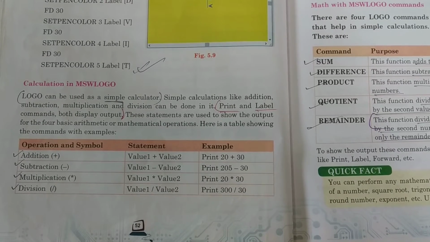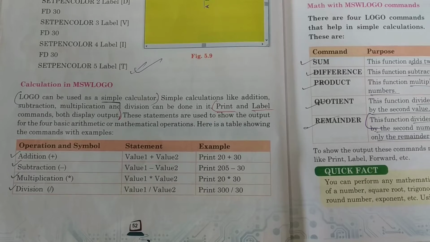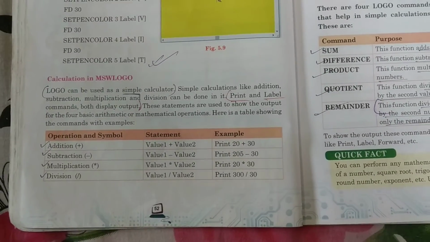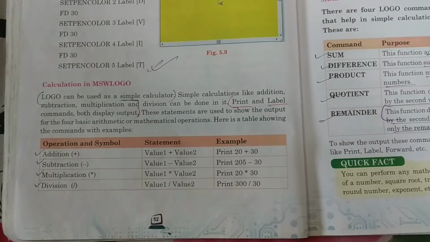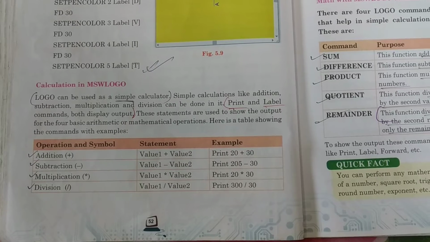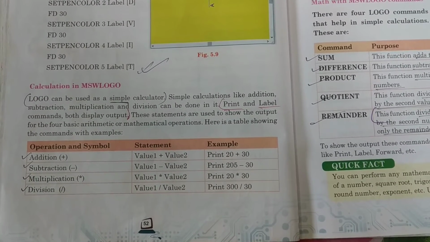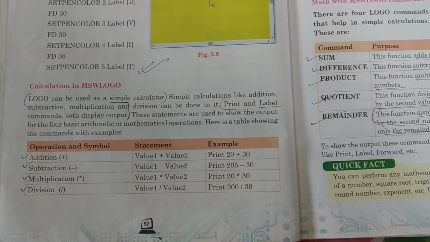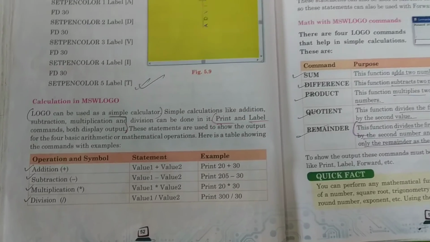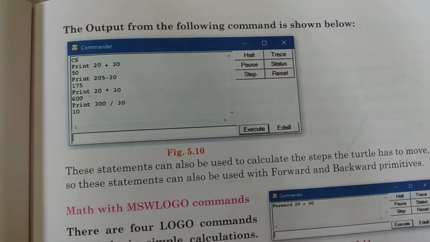And see the examples, how the values are written by using the print command: print, space, then the values 20 plus 30. When you type these things in the MSW Logo commander input box, these things will be displayed, and the result of the calculations will also be displayed in the commander window. On page 53 of your book, you can see figure 5.10.